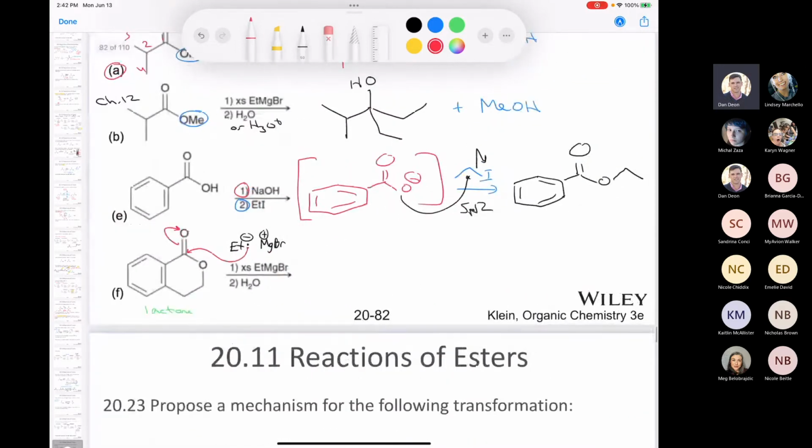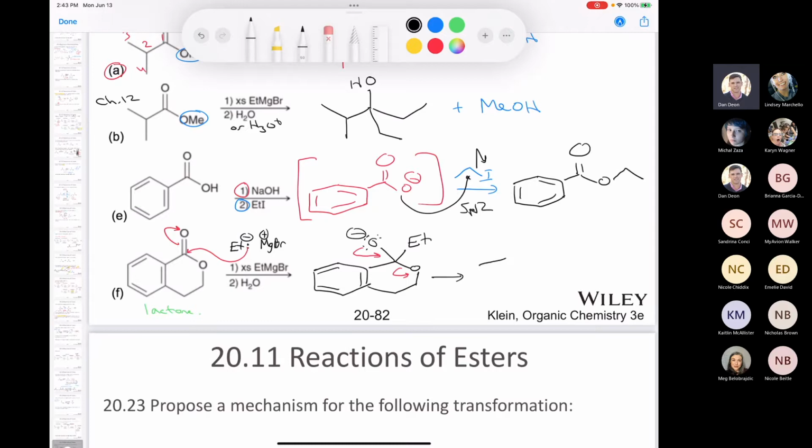Let me just pencil it in here. So we end up with something that's going to look like this, where we have our tetrahedral intermediate here, like that. And then what happens is the leaving group is the alkoxide, right? So you end up forming this double bond, and then you lose this group. That's going to be dangling off there.